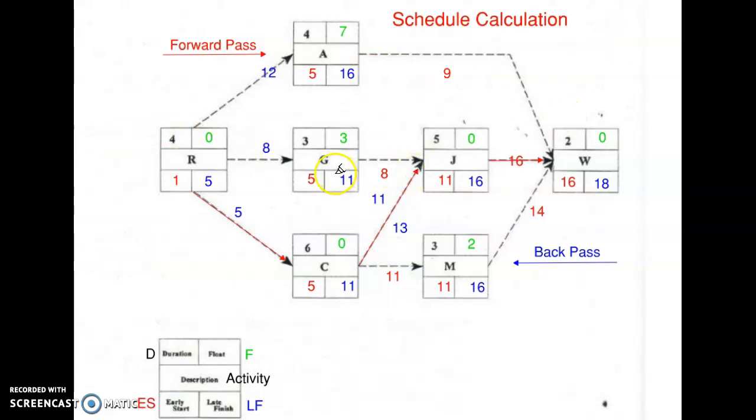Okay? So these guys here, I've got a floater here, I've got a floater here, and I've got a floater here. So look, A can actually start 7 days after the 5th. It could start on day 12 and still complete without pushing the project back. G could start on day what?